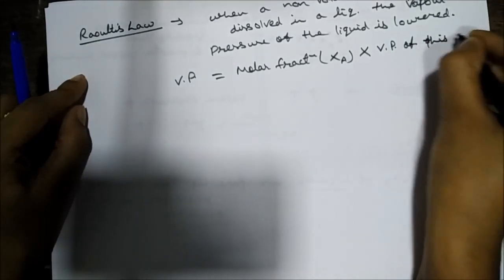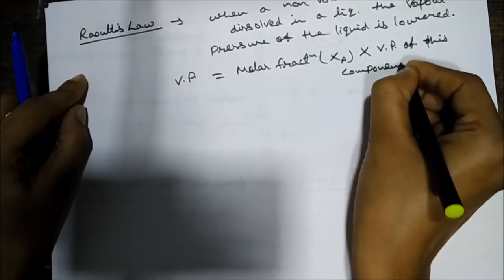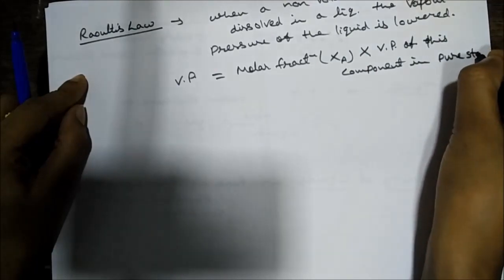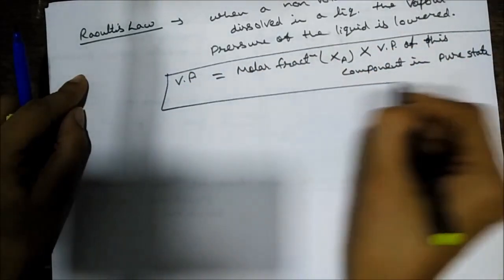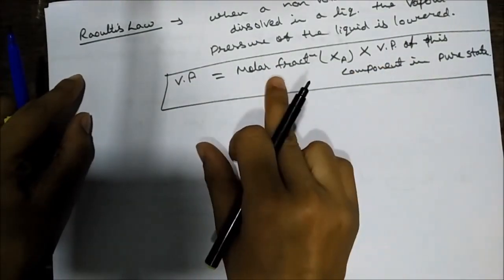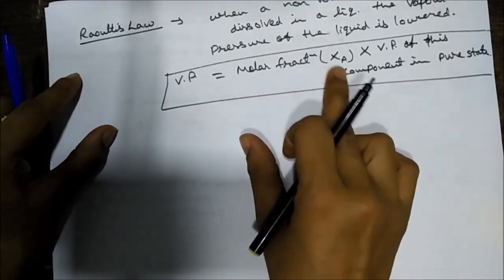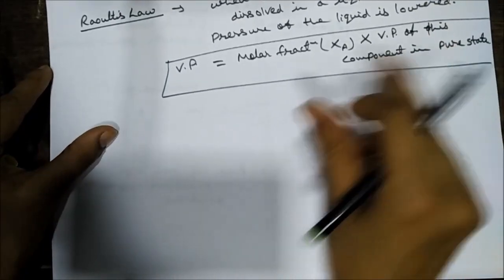So after adding a non-volatile substance, the vapor pressure is lowered, and it will be equal to the molar fraction of that component multiplied by the vapor pressure of this component in pure state.